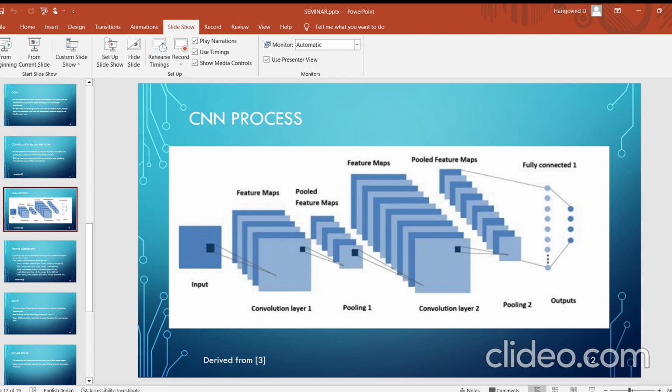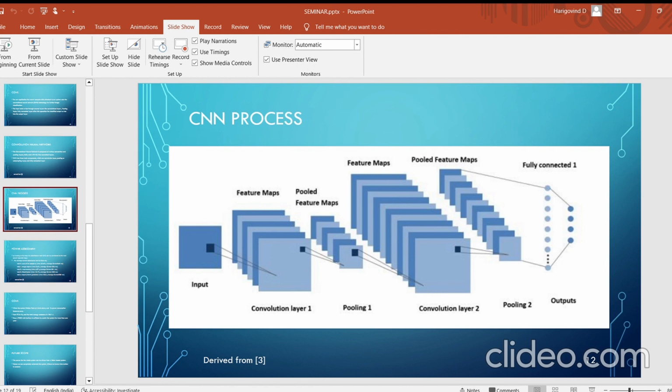Many convolution layers are needed to process an entire image. This image only shows two convolution layers, but in a real-time system, many convolution layers are used to specify the highlights of an input image.